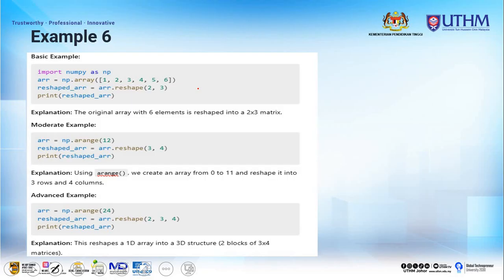Import numpy as np, array equal to np.array 1 2 3 4 5 6. Reshaped array equal to arr.reshape 2 comma 3. We already declared the array, right? So the original array with 6 elements is reshaped into a 2 by 3 matrix. So the printed output will be a 2 by 3 matrix.